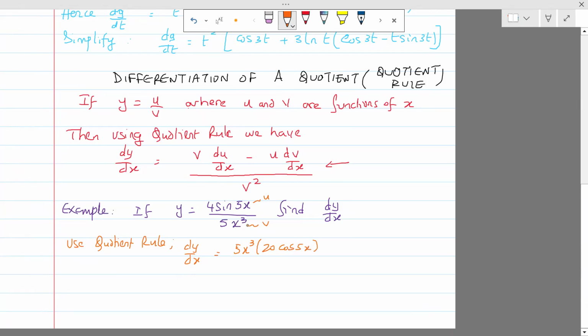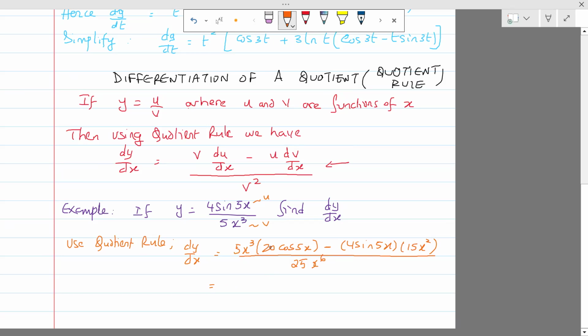So this is v du by dx minus u. U is 4 sine 5x, dv by dx. This becomes 15x squared. And then do not forget to divide it by v squared, where v squared is this. 5 squared becomes 25, and x cubed squared becomes x power 6. So we can simplify this.